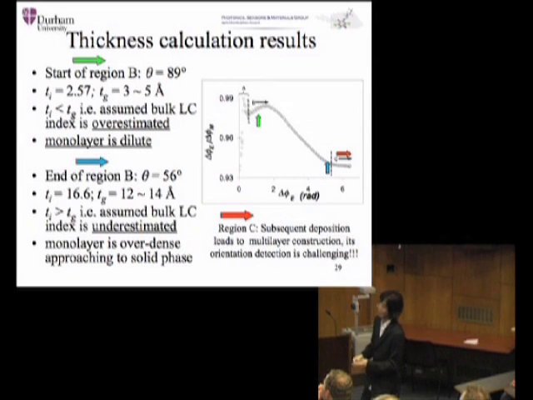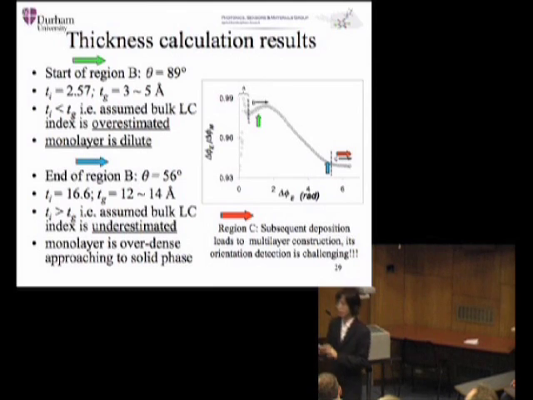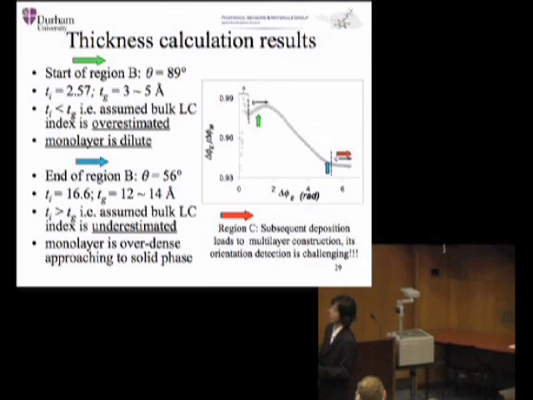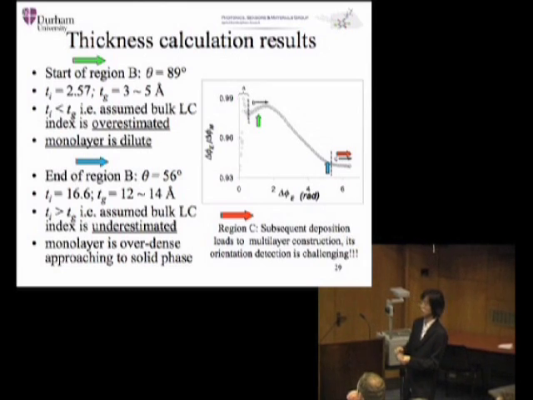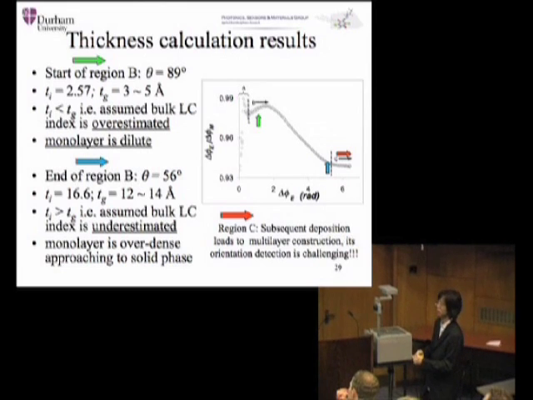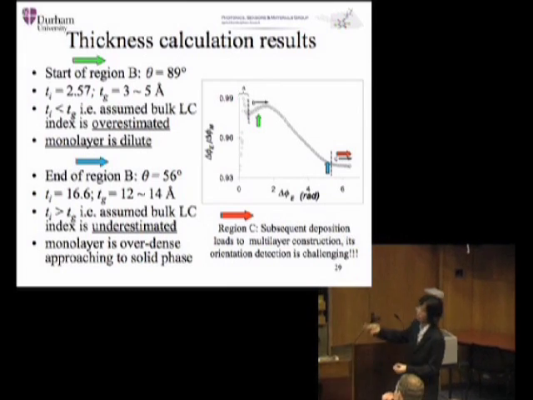The reason that can explain this is that the assumed bulk liquid crystal refractive index used in the isotropic thickness calculations is actually overestimated for the real monomer system. The real monomer refractive index will be smaller than the refractive index of the bulk, with a density smaller than the liquid crystal bulk. So what we can say is the monomer is dilute at this stage.